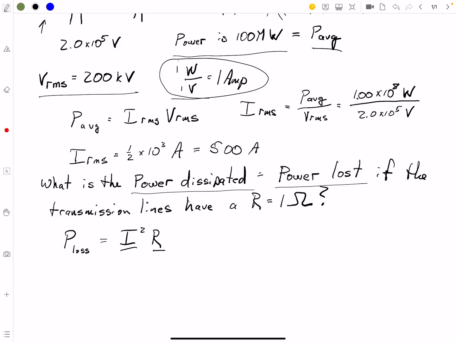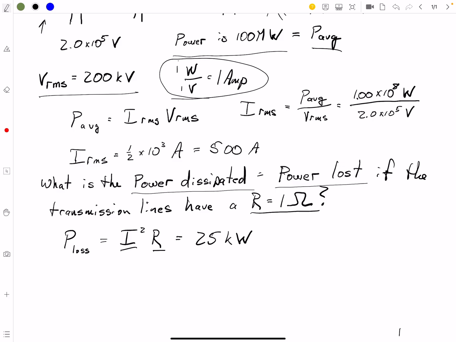That's a lot. 5 squared is 25. 100 squared is 10,000. That's 25,000. And it's nice, our resistance is 1 ohm. So we can say 25,000 watts. Now let me make sure I've got that right over here.